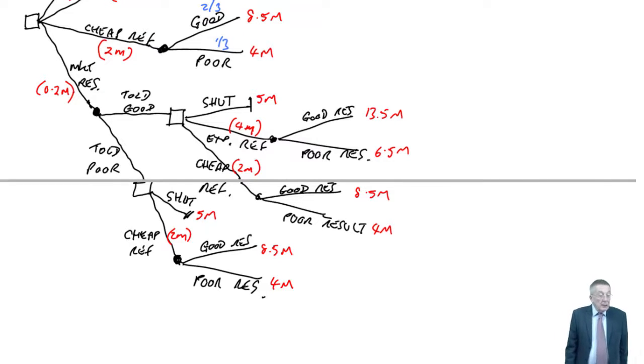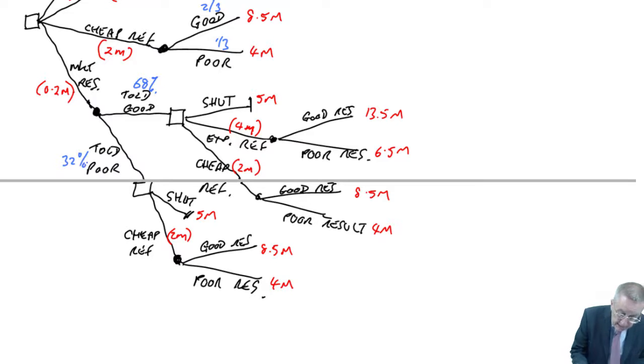The research will cost 200. There's a 68% probability they'll tell us it's good. So 68% probability they say it's good. And therefore, surely 100 minus 68, 32% probability the answer will be that it's going to be bad.